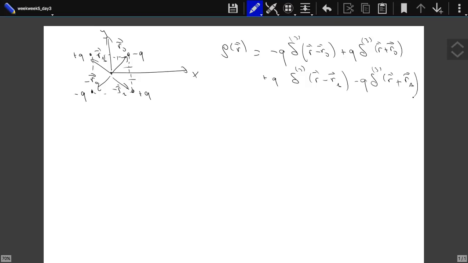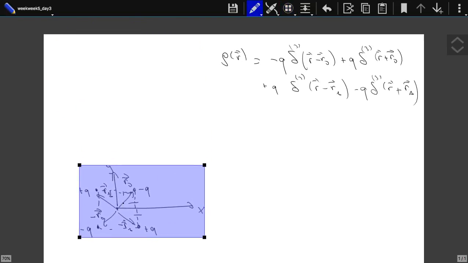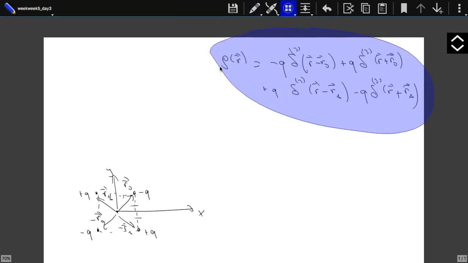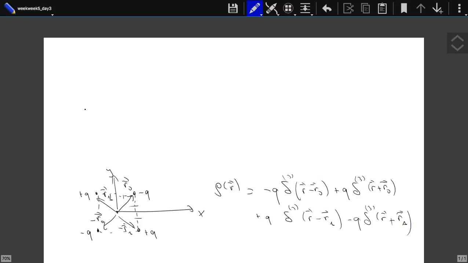Do you agree that this is correct? No? How should I change it? The last term must be plus.